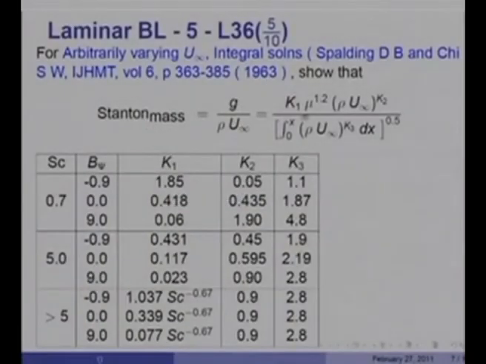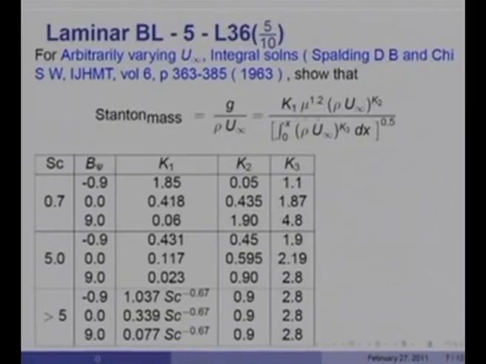Spalding and Chi have calculated this problem for arbitrary free stream variations, and you will recall this formula which we had developed for arbitrary variation of u infinity using integral solutions. The same thing has been done for mass transfer by Spalding and Chi for 3 values of Schmidt number: 0.75, and greater than 5.